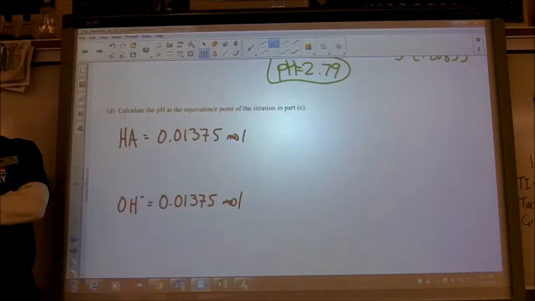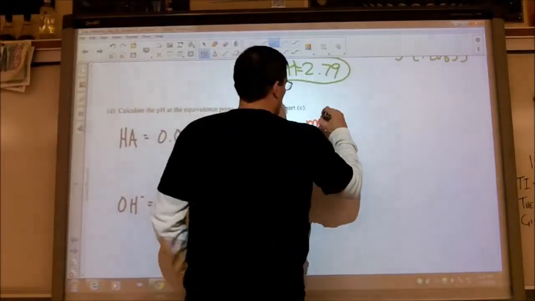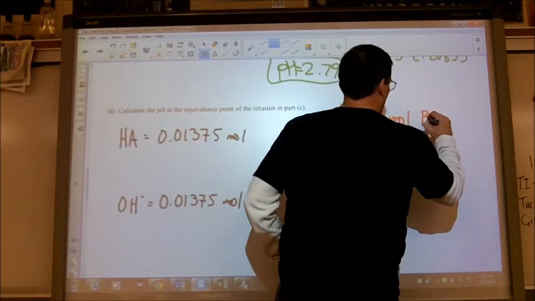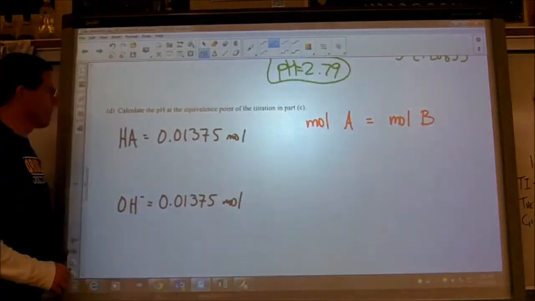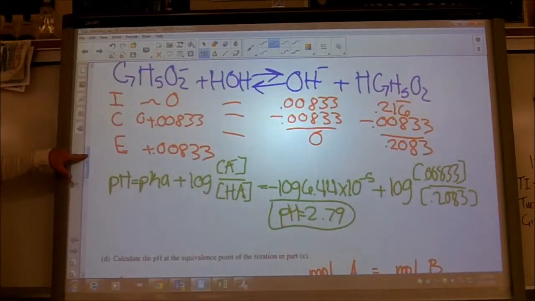Look in your notes real quick. The acid and base are equal to each other. Moles of acid. So there are more moles of HA than what's right there, but we're just saying how much of that we need, so that's the same as OH? Yeah. Because there's less OH than HA in part C. There was less because we only added 5 milliliters.